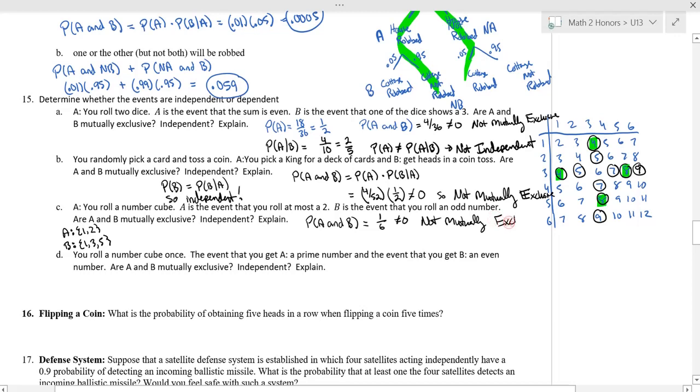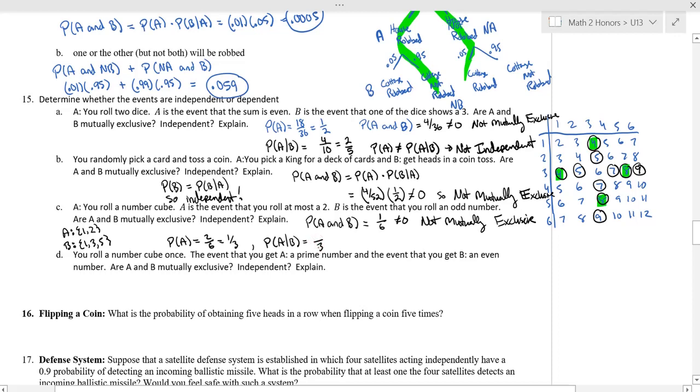Okay. So now let's say, what's the probability of A happening? So rolling a 1 or a 2. Well, that's 2 out of 6, which is 1/3. And what's the probability of A given B? So that means you've rolled an odd number, so it's out of 3.